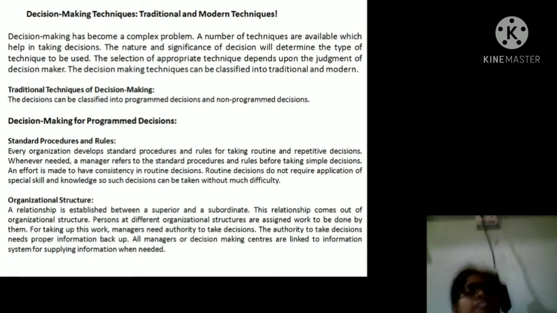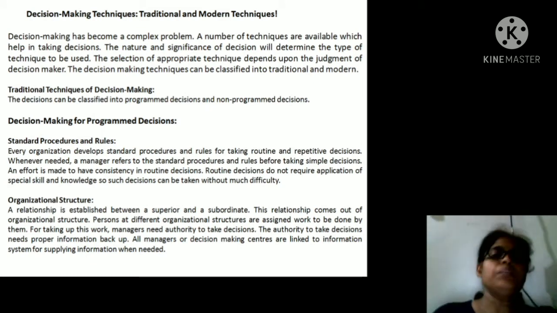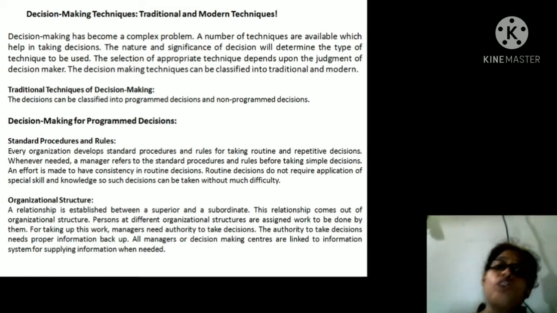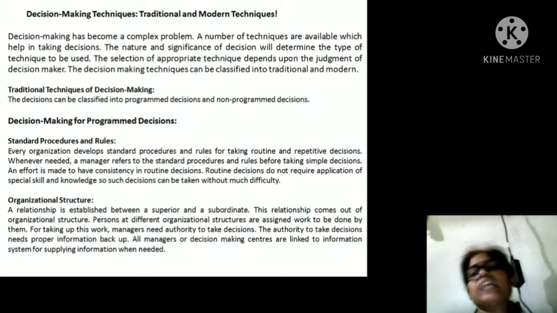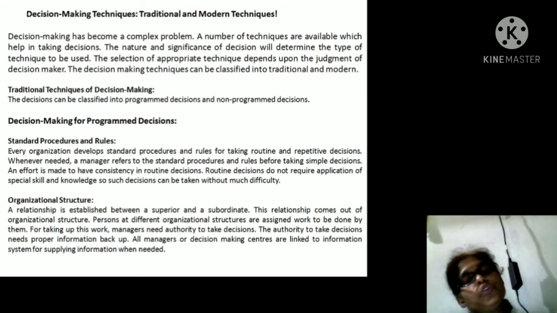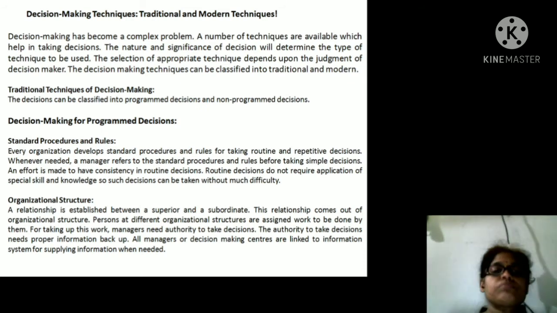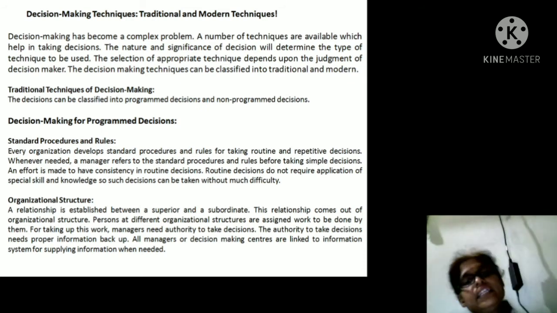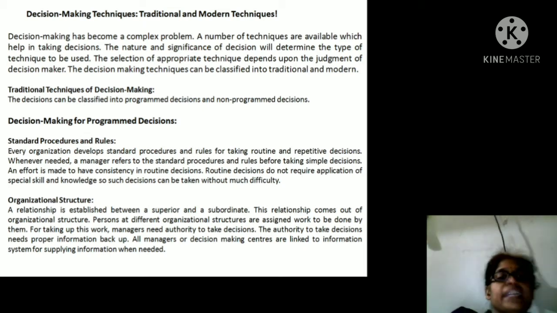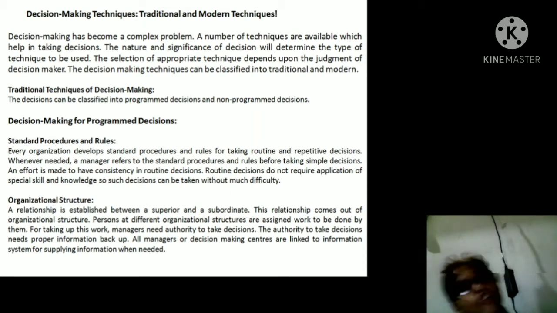Now we will see the techniques of decision making, traditional and modern techniques. Decision making has become a complex problem, and a number of techniques are available to help take decisions. So there are traditional techniques and modern techniques. First we will look at the traditional techniques, which are classified into programmed decisions and non-programmed decisions.